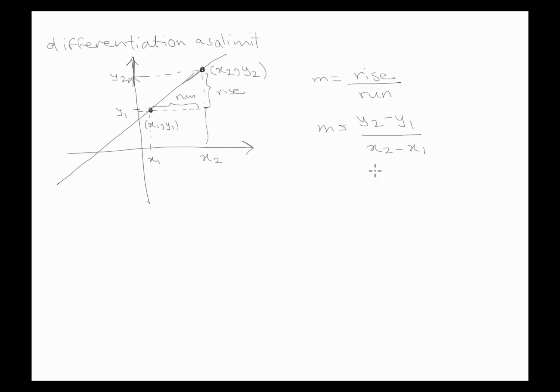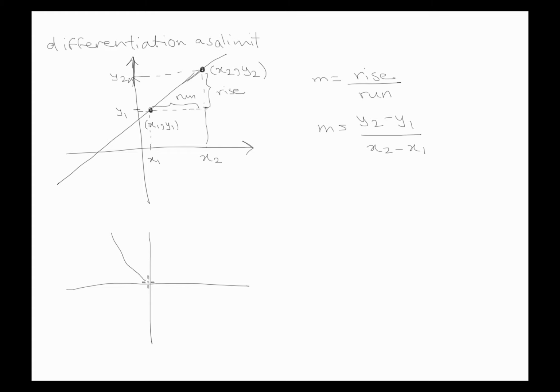Now this is basically the same concept that is used in differentiation as a limit. So we'll have a look at how that actually works. Let's say we want to find the gradient of a curve.